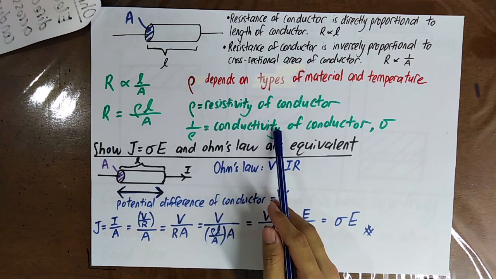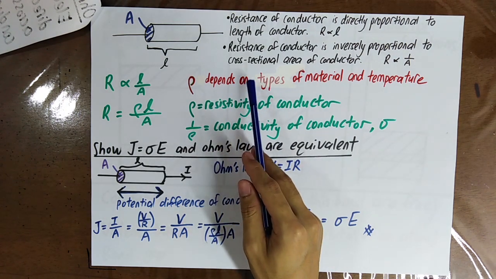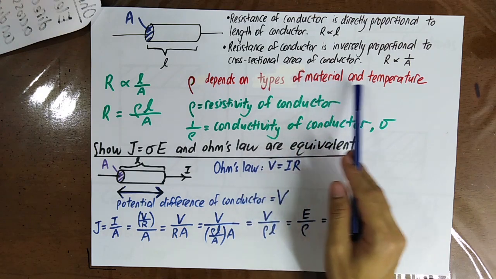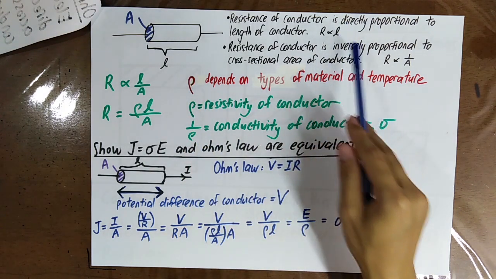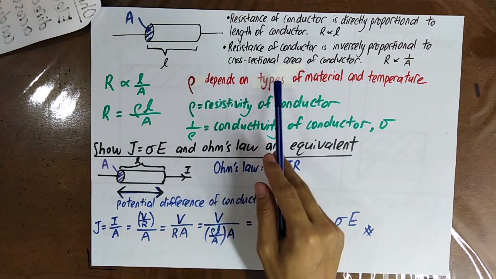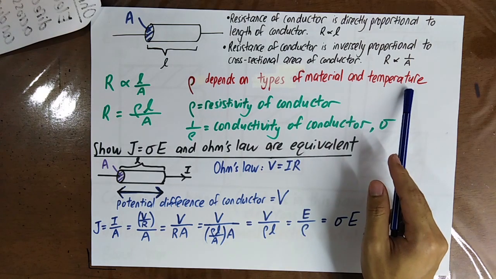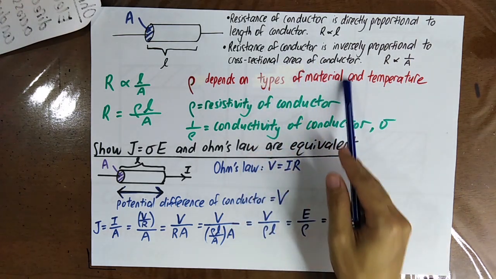Remember that the conductivity or the resistivity depends only on the type of material and temperature. That means rho does not depend on L and also A. Okay, rho only depends on the type of material and temperature, because it's a property of the material itself.